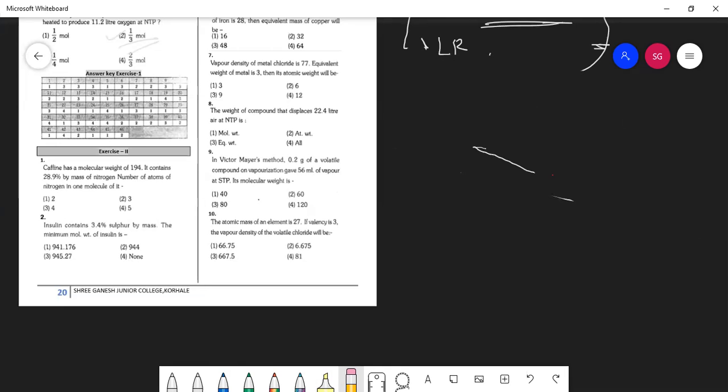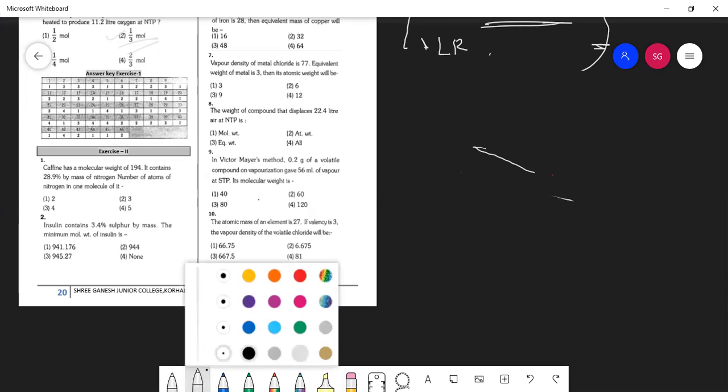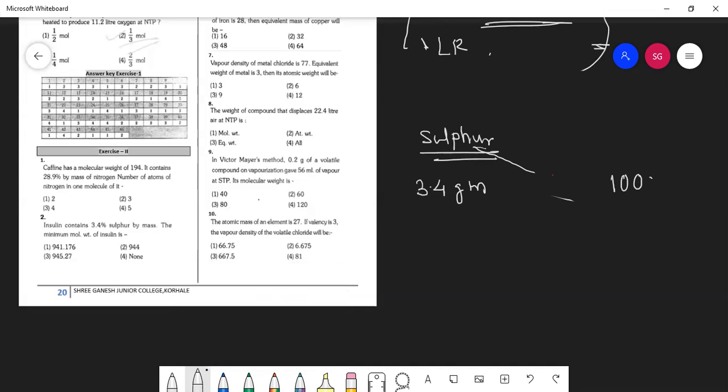Very good question, very nice question. See here, like this question, many times in exam it is asked. What is written, students? Insulin contains 3.4% sulfur by mass. By mass means gram. So can I write 3.4 grams sulfur in 100 gram insulin? Is it correct?